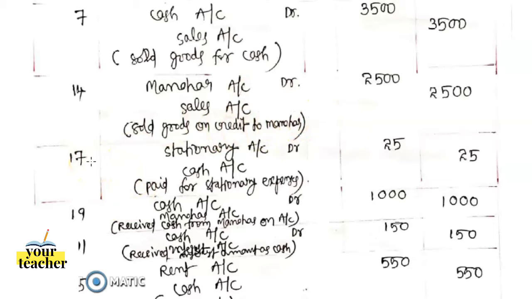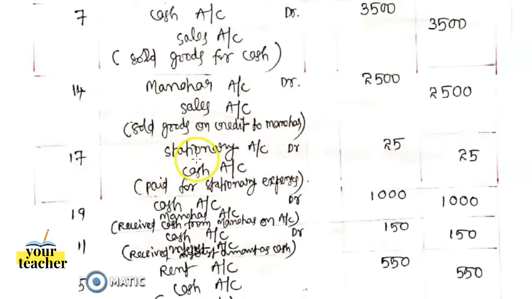Now on 17th August, they paid a certain amount for office stationery. This stationery amount you can consider as an expense. As per the nominal account rule we have mentioned, debit expenses and losses, credit income and gains.